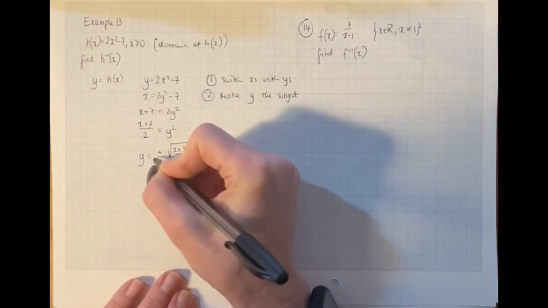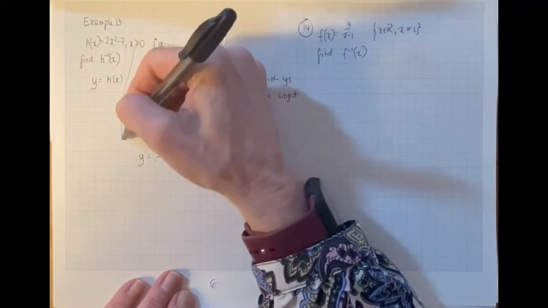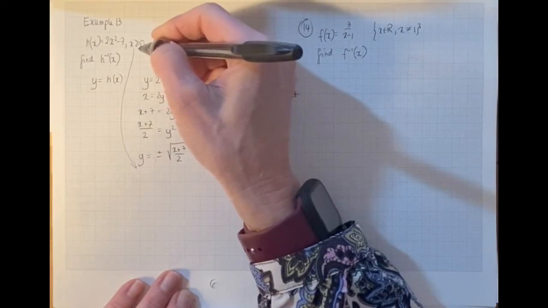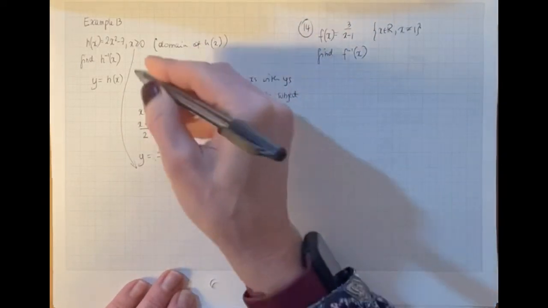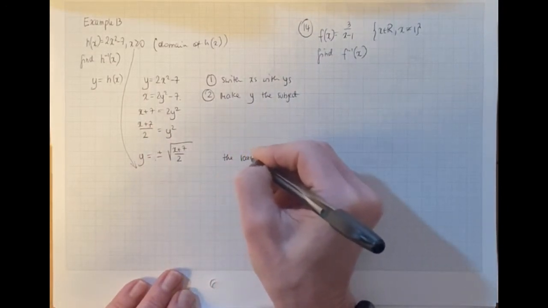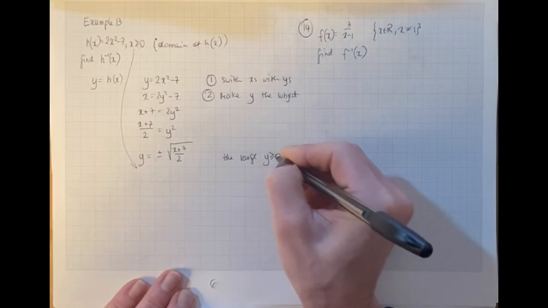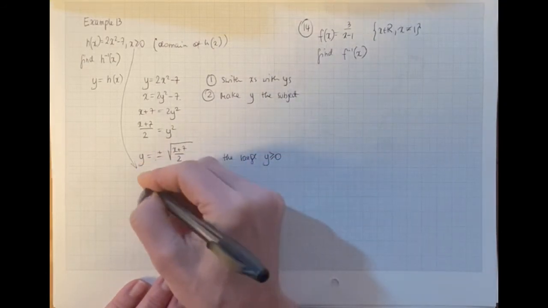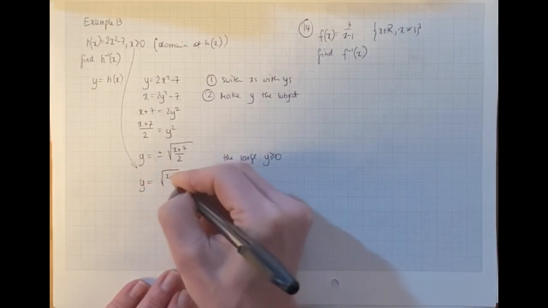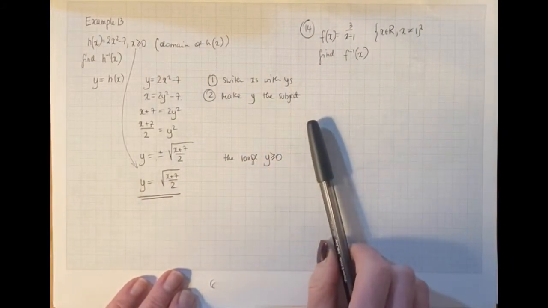Now that would be the proper answer, but we've got x greater or equal to 0 originally. That means because your x's are swapped with y's, the range must be y greater or equal to 0. So that means you can only take the positive answer, because it has to be positive or equal to 0 at its lowest.